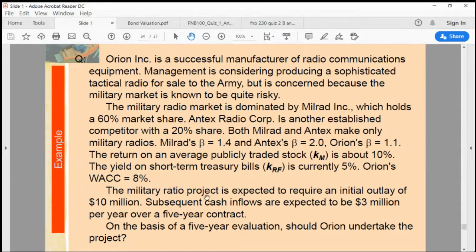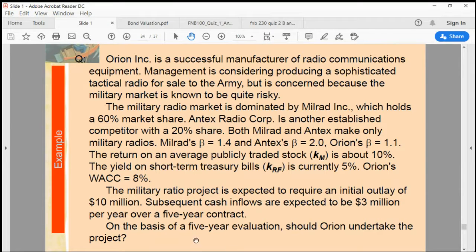The military radio project is expected to require an initial outlay of 10 million. Subsequent cash inflows are expected to be 3 million per year over a 5 year contract. So there will be an initial investment of 10 million, then 3 million, 3 million, 3 million for 5 years, the cash inflow.